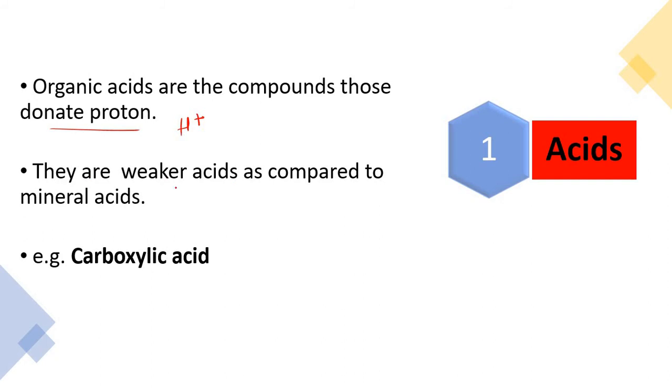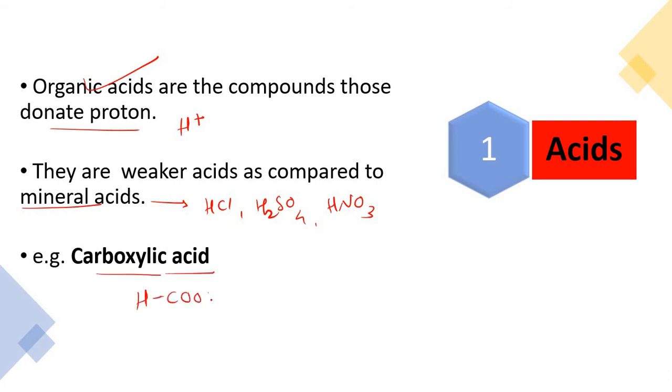They are weaker acids as compared to mineral acids. Mineral acids means inorganic acids like HCl, H2SO4 or HNO3. The examples of organic acids are carboxylic acids like formic acid and acetic acid.